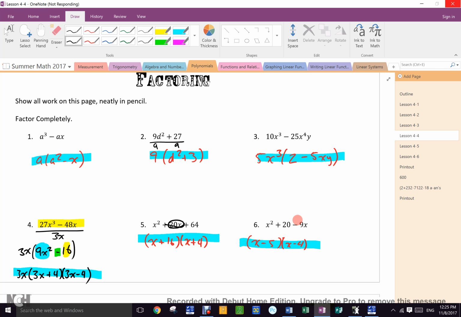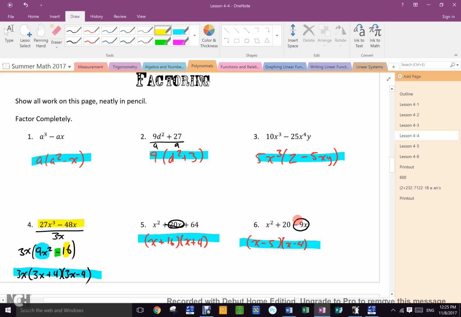So, once again, don't follow steps. You don't automatically take that. You had to be aware that it needed to be in this form. Then I need to multiply to 20 and add to negative 9. And then, of course, you have the right answers.